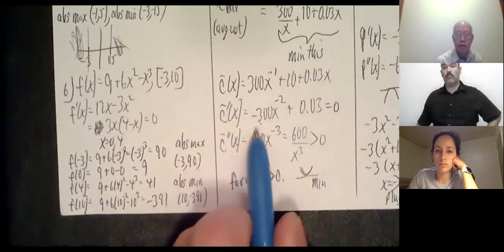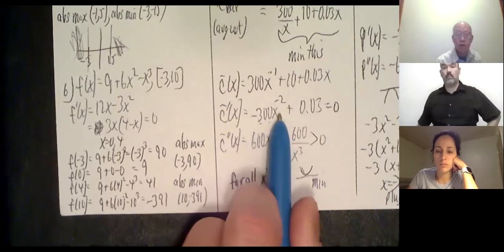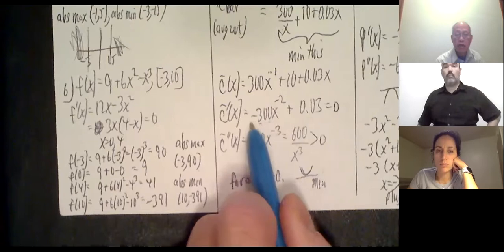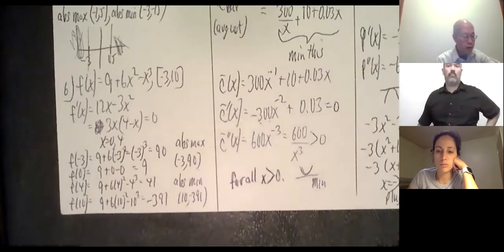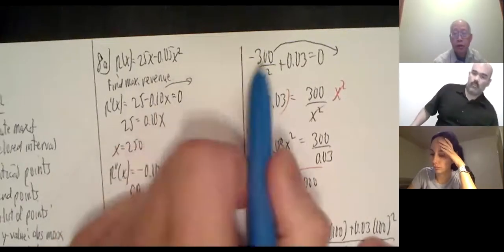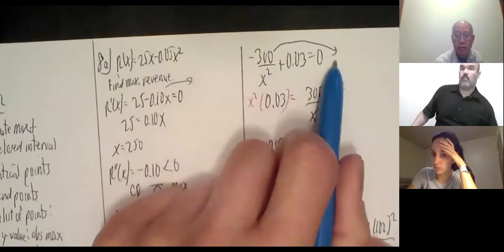Okay, so I have to set this quantity equal to 0 now. So -300 X to the -2 plus 0.03 equals 0. I'm going to write it as -300 over X squared again. Okay, so I reached the bottom of the paper. I got to go back up for that. So now I have this thing. I will move this over. Add this to both sides.